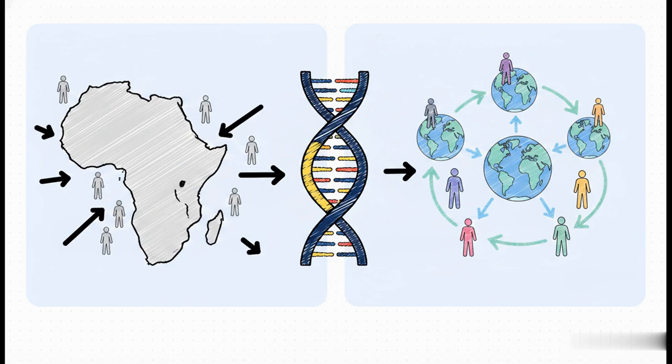On the right is the multi-regional theory. This one suggests an older human ancestor expanded 1.5 million years ago, and various populations across the globe basically evolved together into Homo sapiens through continuous interbreeding. Today, thanks to all this genetic evidence, modern science favors a synthesis. We are primarily African in origin, but we carry a small percentage of genetic heritage from other ancient human species that we encountered along the way.